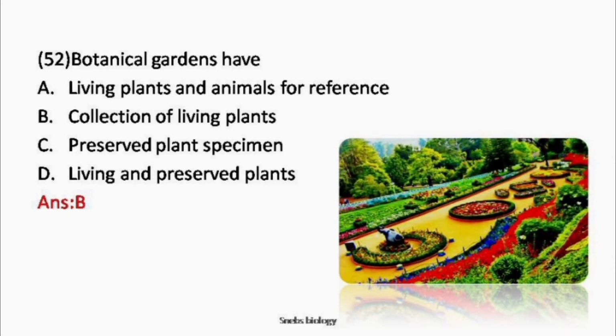Next, botanical gardens have option A, living plants and animals for reference, option B, collection of living plants, option C, preserved plant specimen, option D, living and preserved plants. So, the correct answer is collection of living plants.